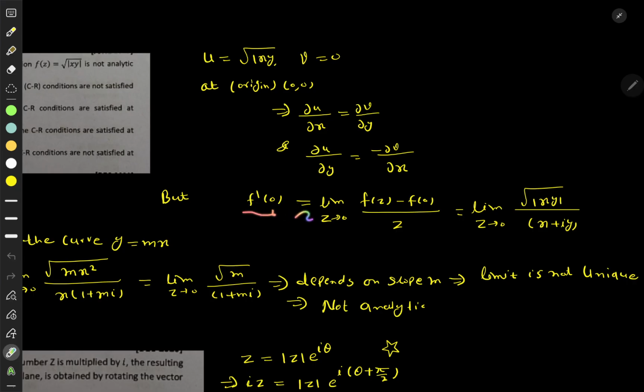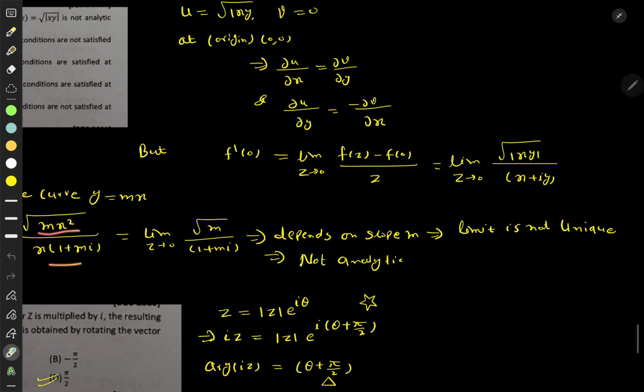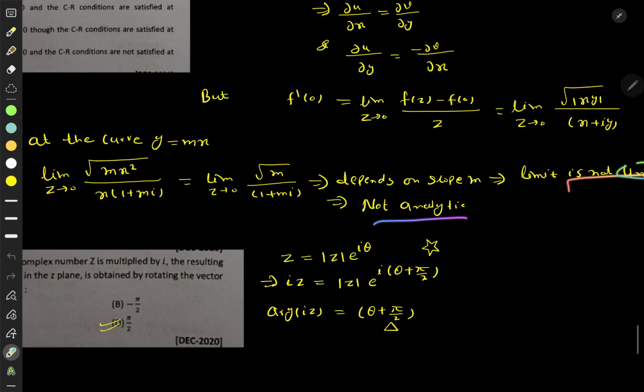We will find f prime 0, limit z tends to 0 of f of z minus f of 0 by z. We are left with this. Put y equal to mx for a line on the curve. So you can see here that the limit depends on the slope. So the limit is not unique. Okay, so it is not analytic.